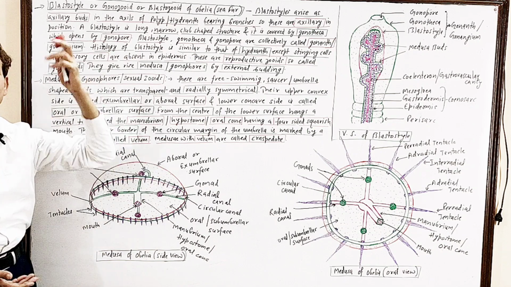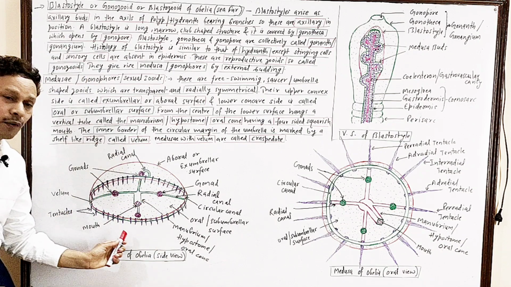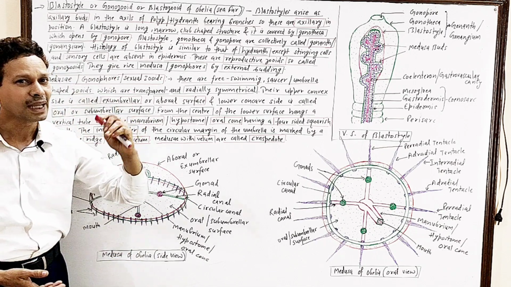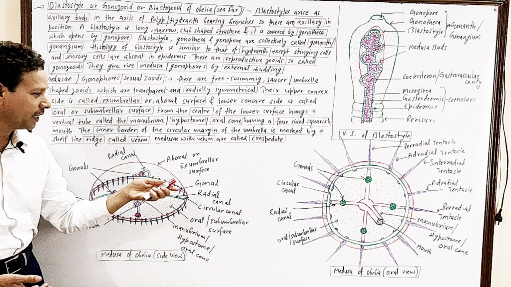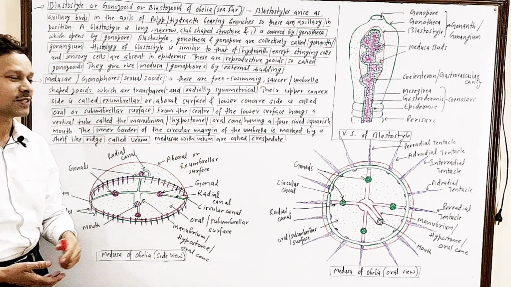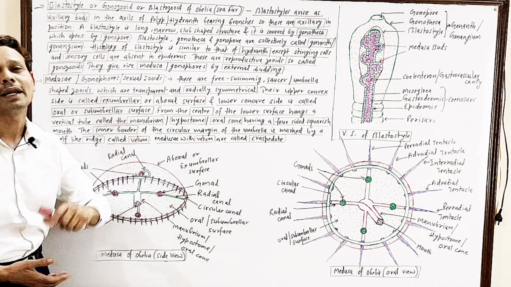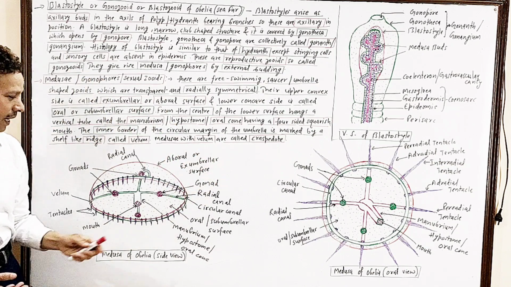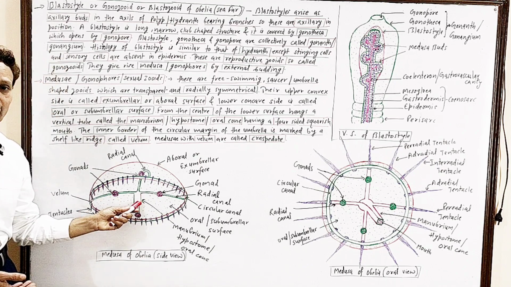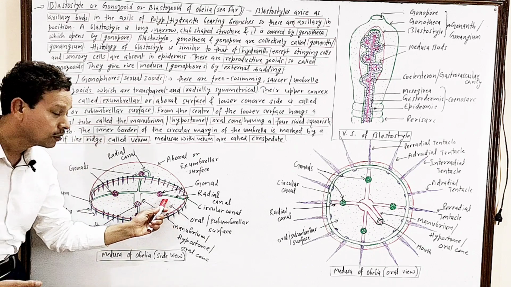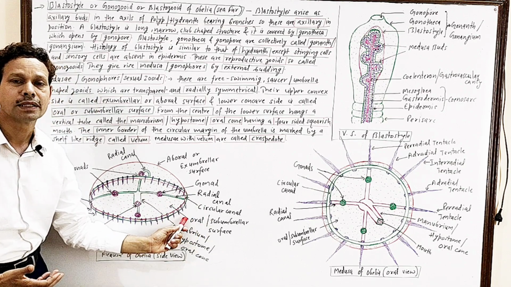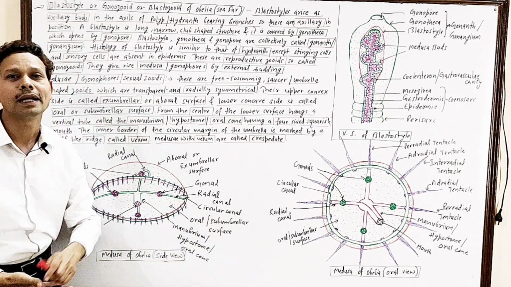From this diagram it is very clear that the upper surface of this medusa is convex, it is the aboral surface, or the ex-umbellar surface. And this lower, inner surface of the medusa, in which the mouth is present, is the oral surface or the subumbellar surface.